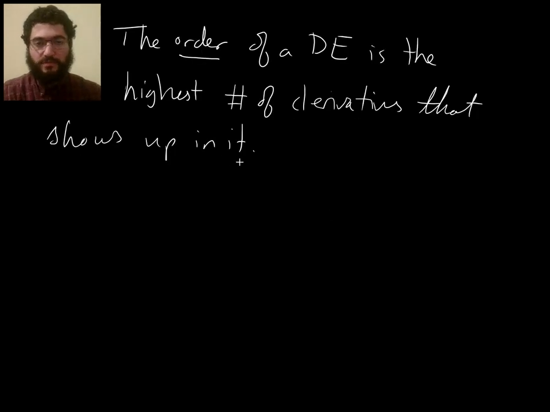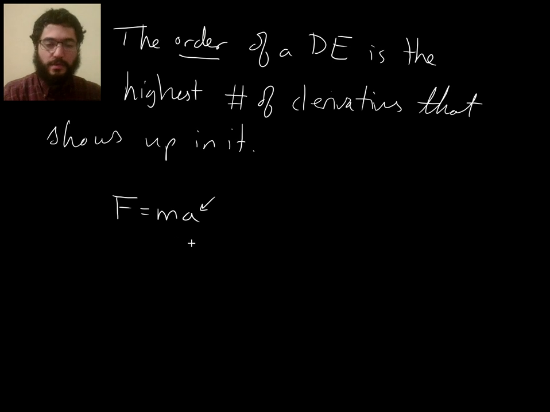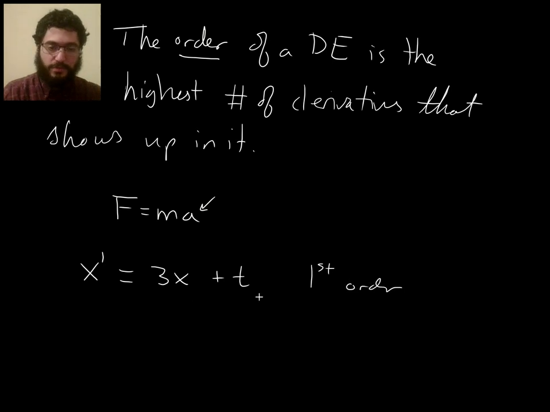So the order of a differential equation is defined to be the highest number of derivatives that shows up in it. So for example, we just saw that Newton's second law is second order because acceleration is 2 derivatives of x. If I write an equation like this, x prime equals 3x plus t, then this is a first order differential equation because at most there's one derivative showing up there.